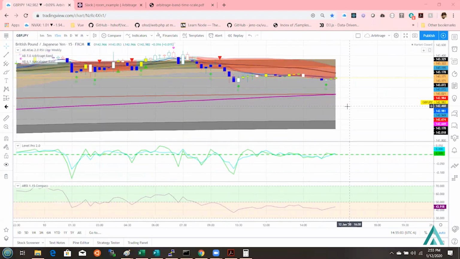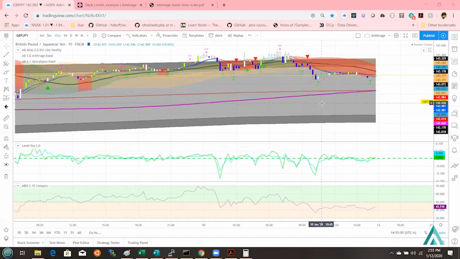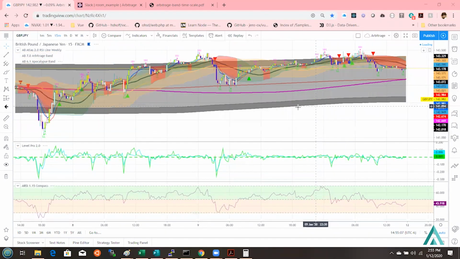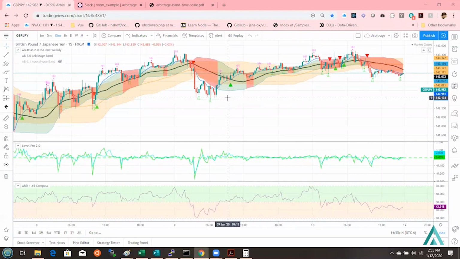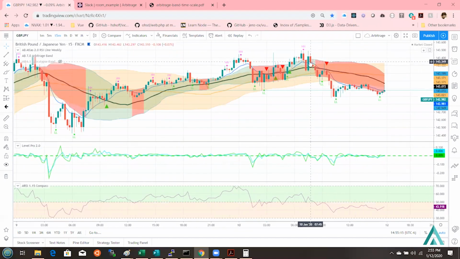Looking at this guy, he still has room to go up. He has been in an uptrend since the 8th, and basically he's just bouncing and undulating. So he currently is going down, but that guy is running out of room within the arbitrage band, and we're expecting him to turn.